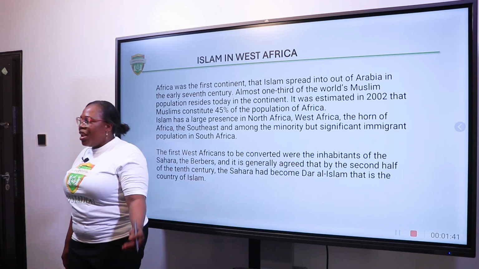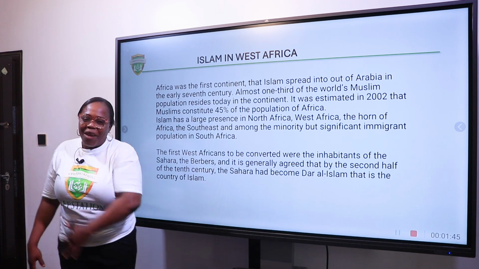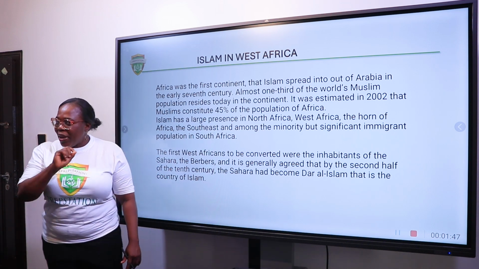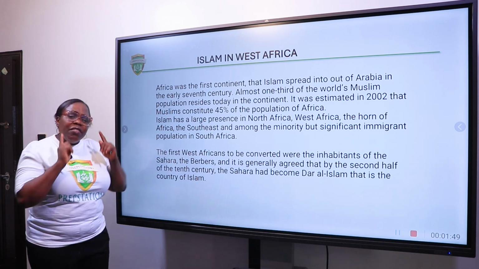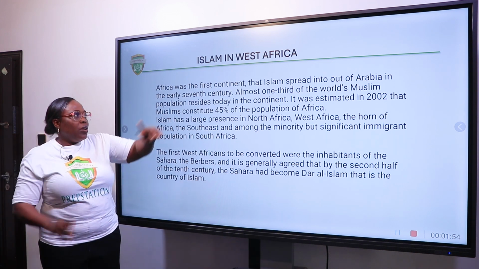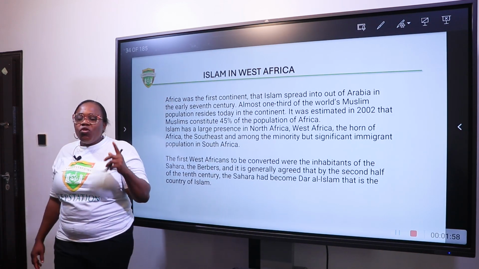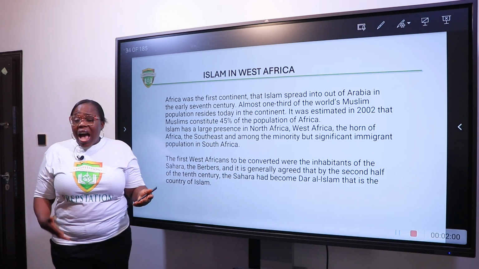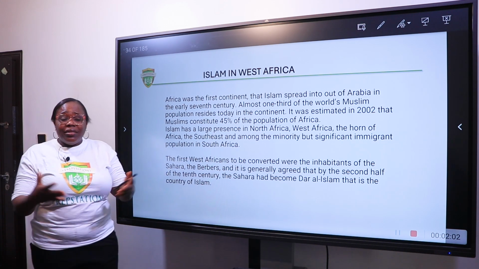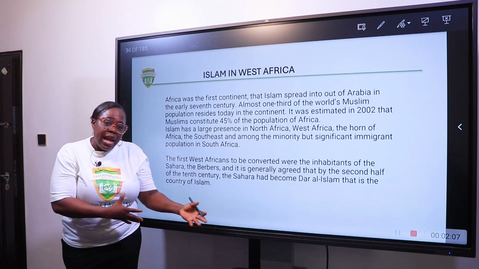Now, we're looking at another topic: Islam in West Africa. One of the things that happened during the trans-Saharan trade was the introduction of Islam. As they were trading, they didn't only trade the things I listed.